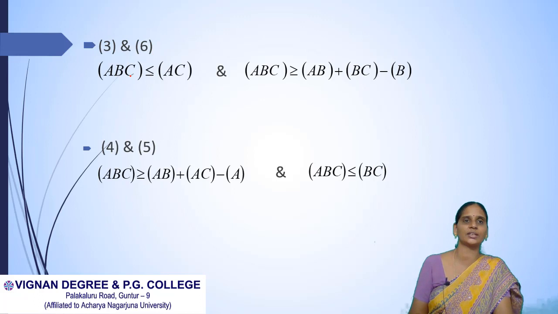From the third and sixth conditions. The third consistency condition for taking 3 attributes is frequency of ABC is less than or equal to frequency of AC.